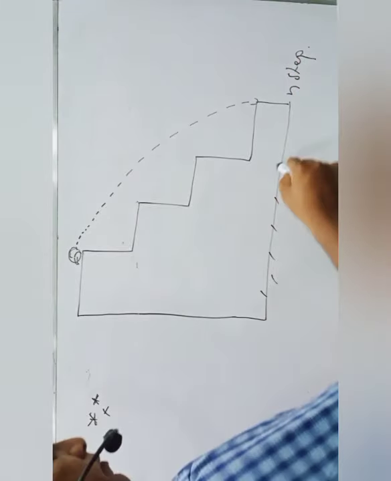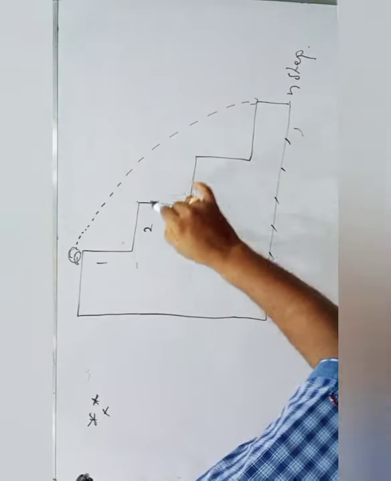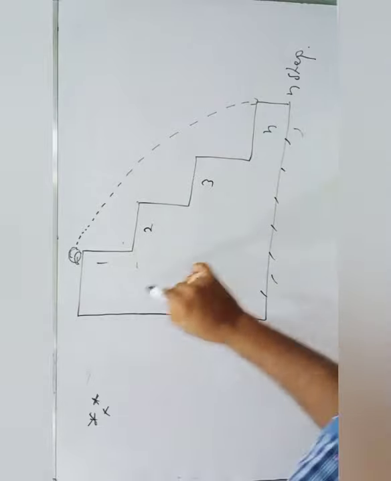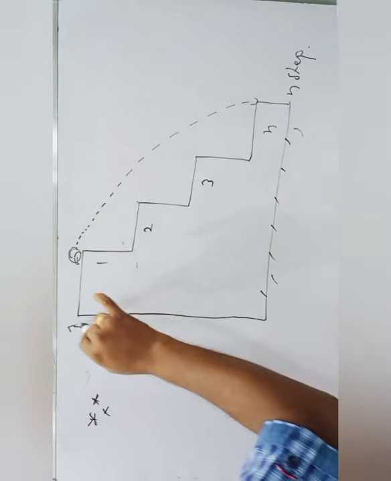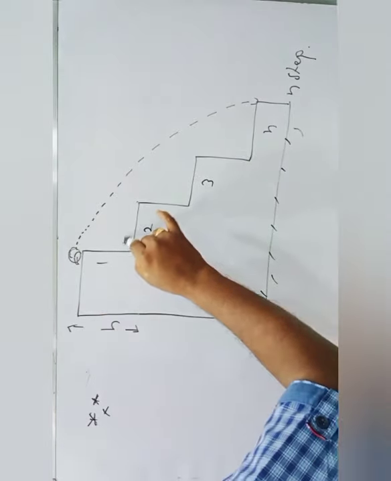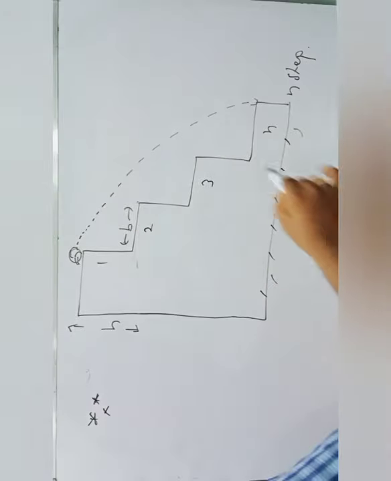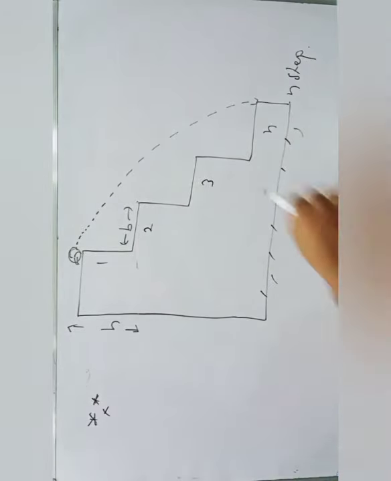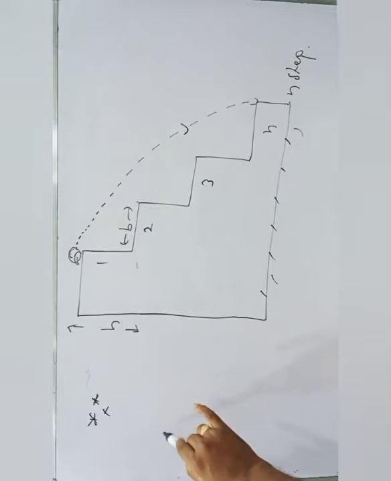The height of each step is h and the breadth is b. So n steps are crossed by the ball.